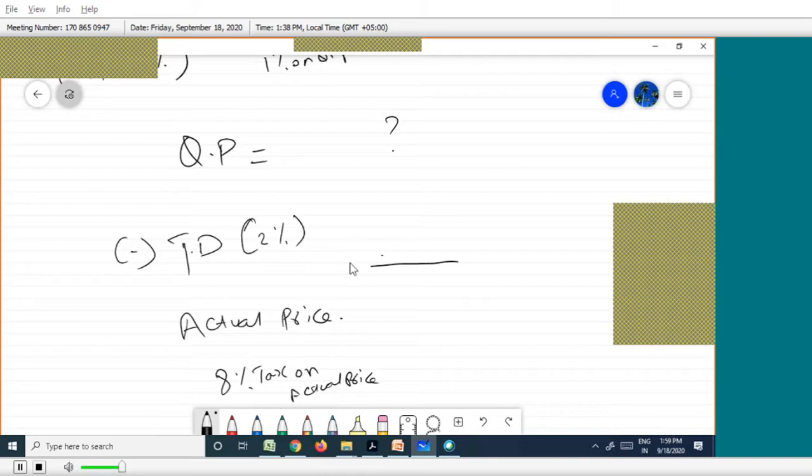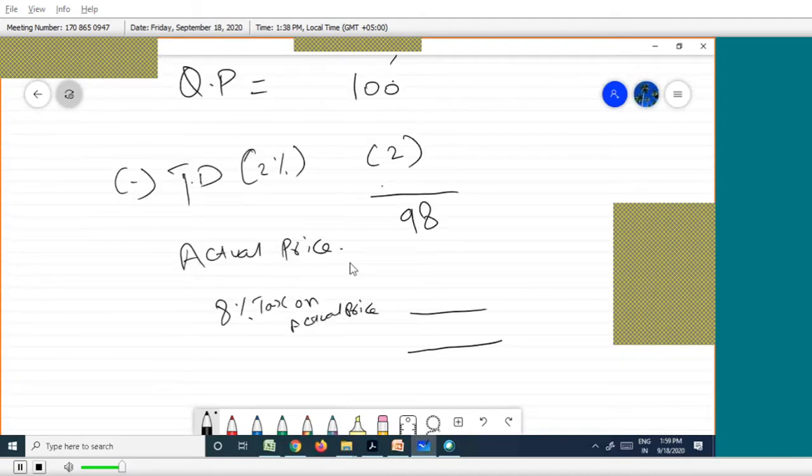For understanding purposes, I'm just taking this quoted price as 100. On this 100, trade discount is 2 rupees. So 100 minus 2 is equal to 98, my actual price. 8% tax on 98. 98 into 8% is how much?